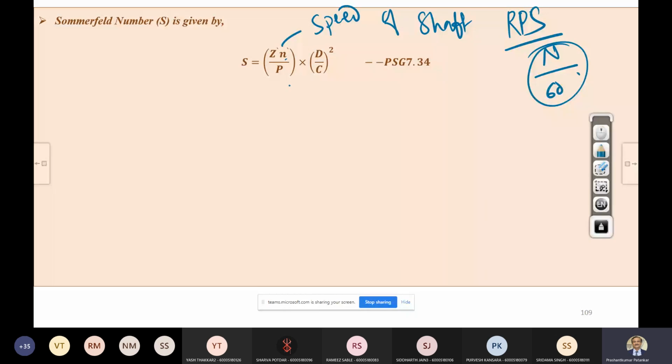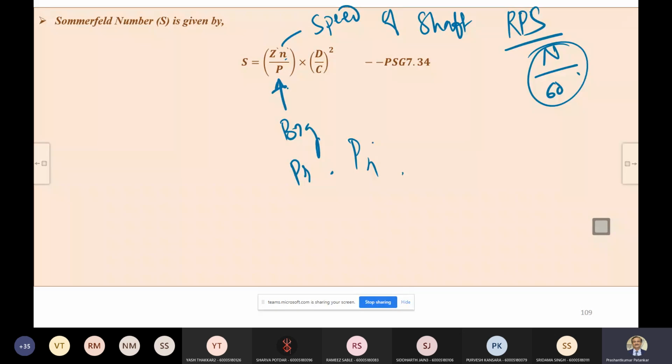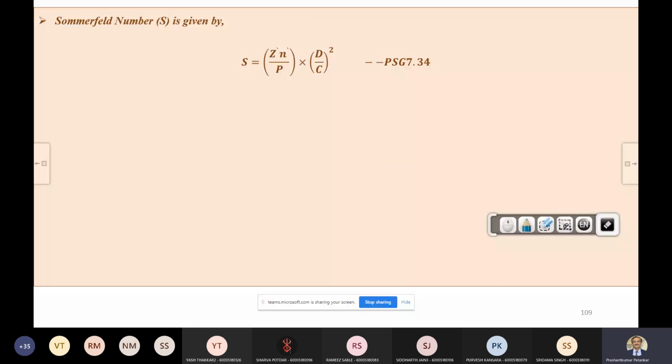Then this capital P, which is appearing in the denominator, is your bearing pressure, which is taken in pascals in SI units. As I told you, this entire number, Z dash into N dash, whole thing divided by P, is called the bearing characteristic number. In some books they also call it the bearing modulus.